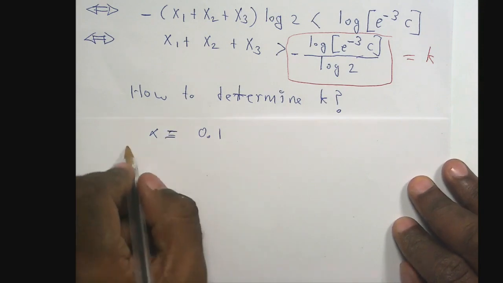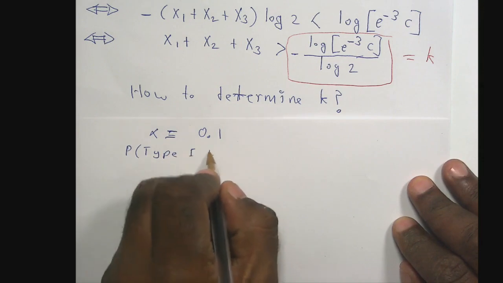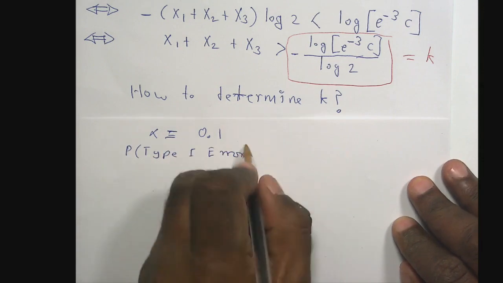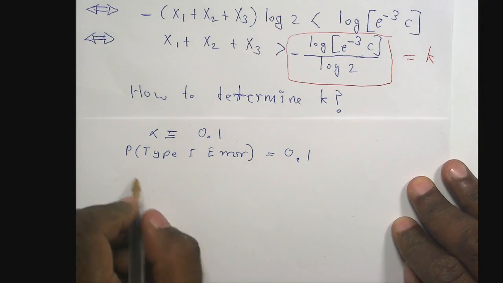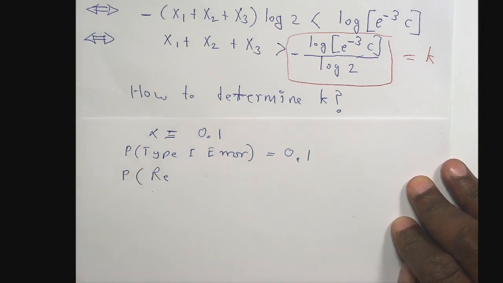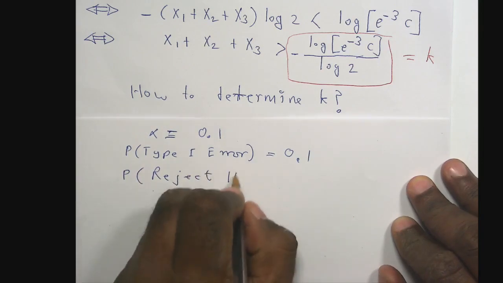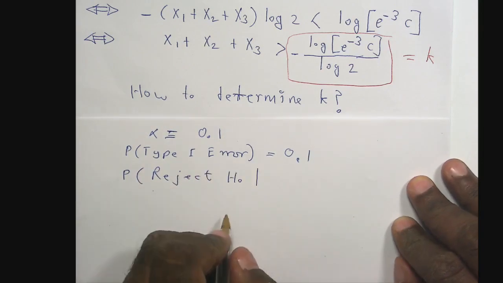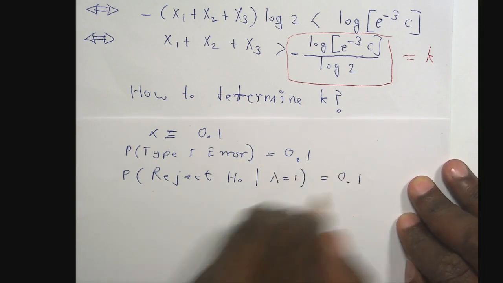All right, so the probability of type 1 error is equal to 0.1, which is the probability of, remember, type 1 error is the probability of rejecting H0 when H0 is true, which is lambda equal to 1, equal to 0.1.